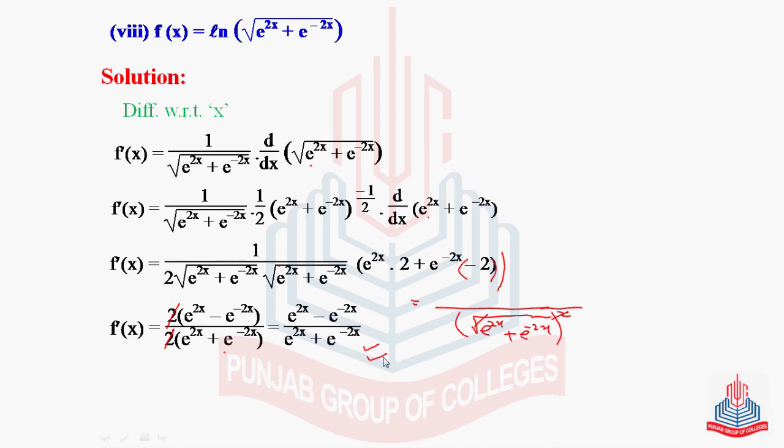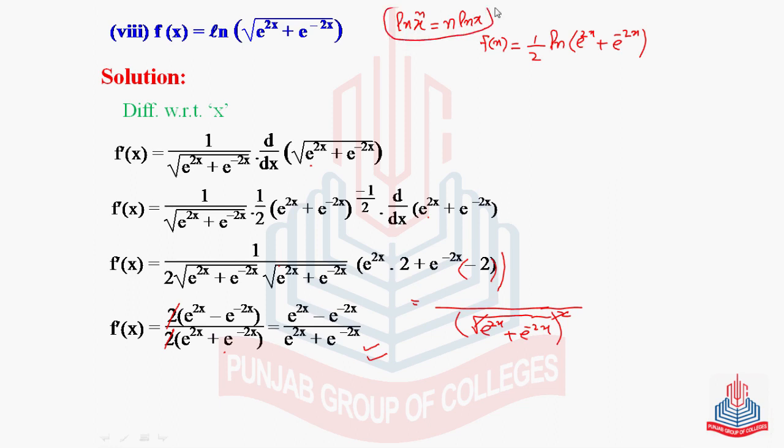This is just the solution by using our log formula in the starting of this question, but before using our derivative formula, this can be written as f of x is equal to 1 by 2 log e^{2x} plus e raised to the power minus 2x, which is actually a log property, that if we have log x raised to the power n, then we can write it as log x^n is actually n log of x.